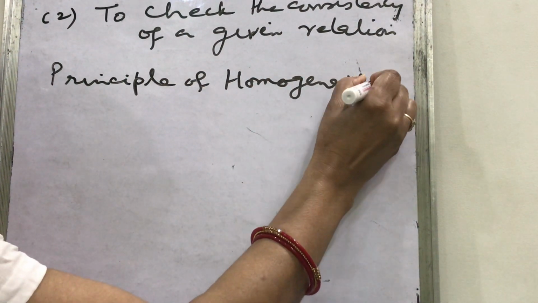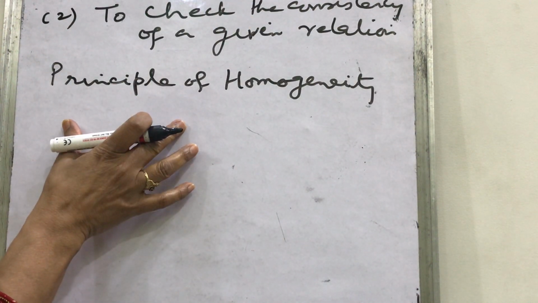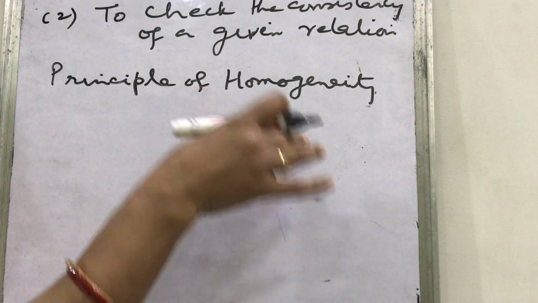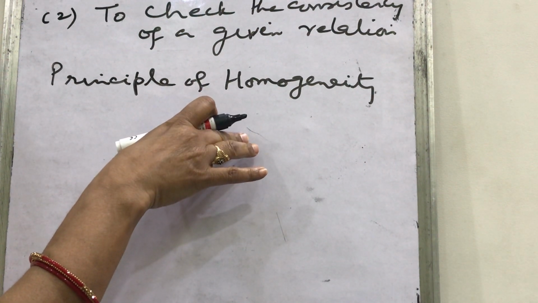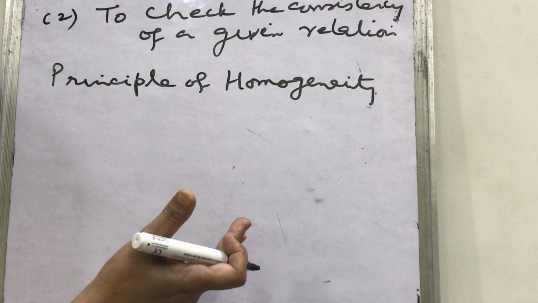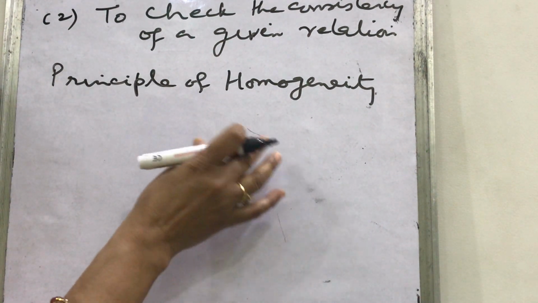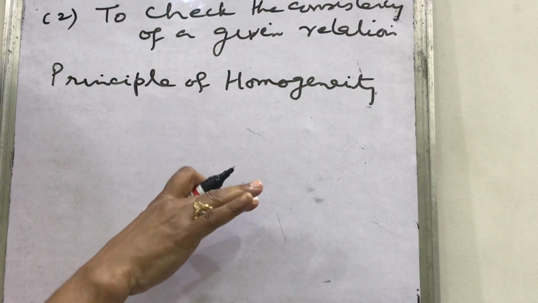This principle says that in a given relation, quantities having the same dimensions can be added, subtracted or equated. It is very simple to learn and understand.